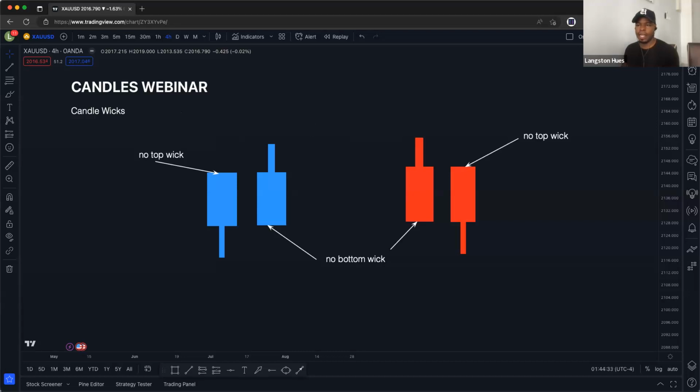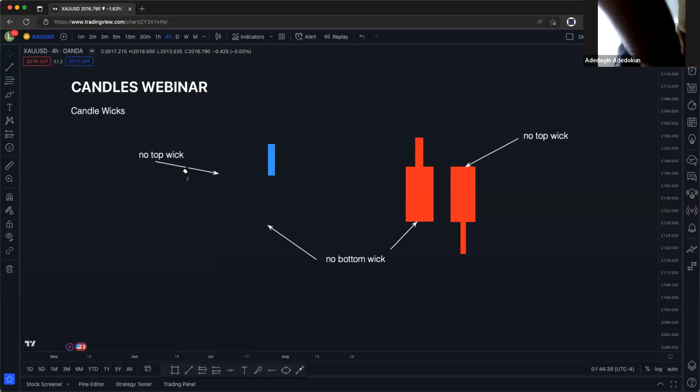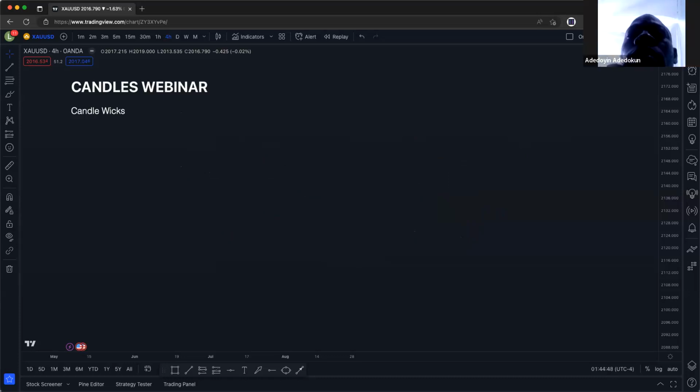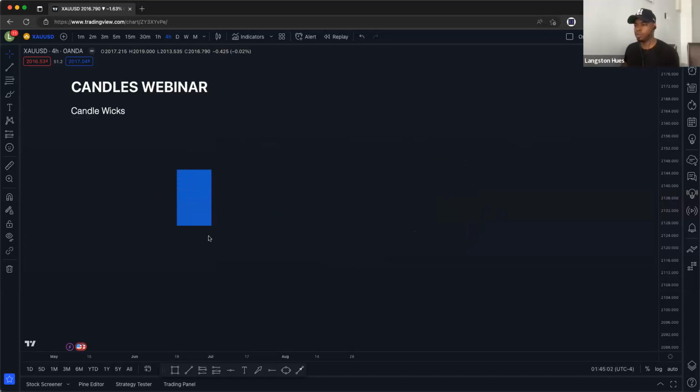Let's say we have a 4-hour candle, right? Let's say it's bullish. So our 4-hour candle is bullish, right?